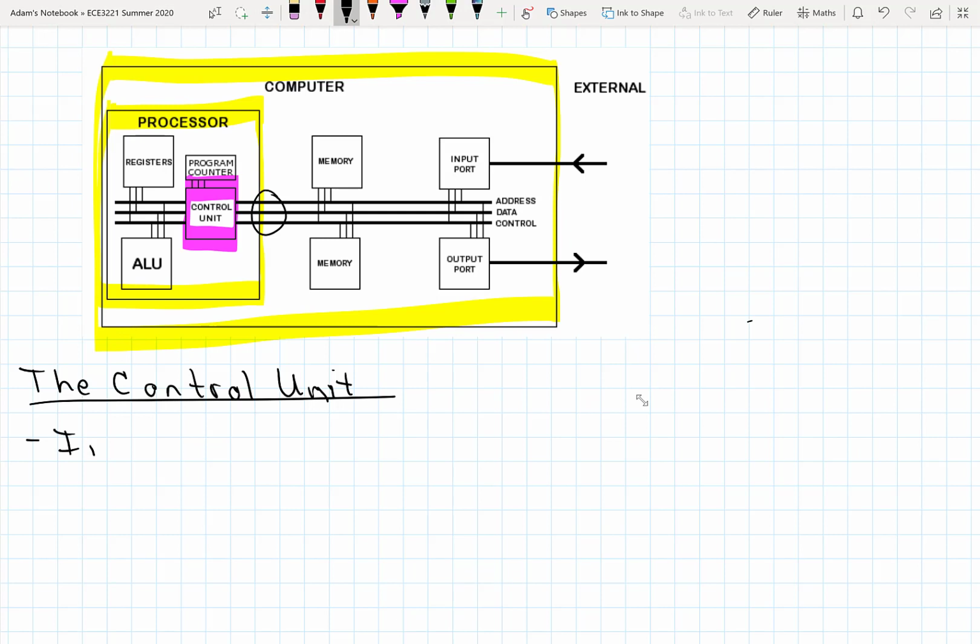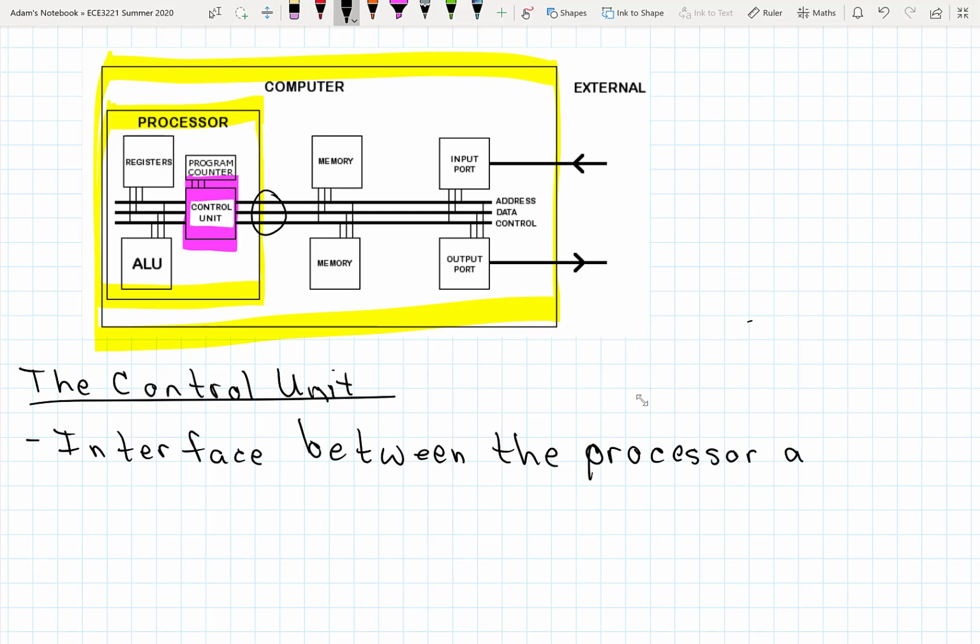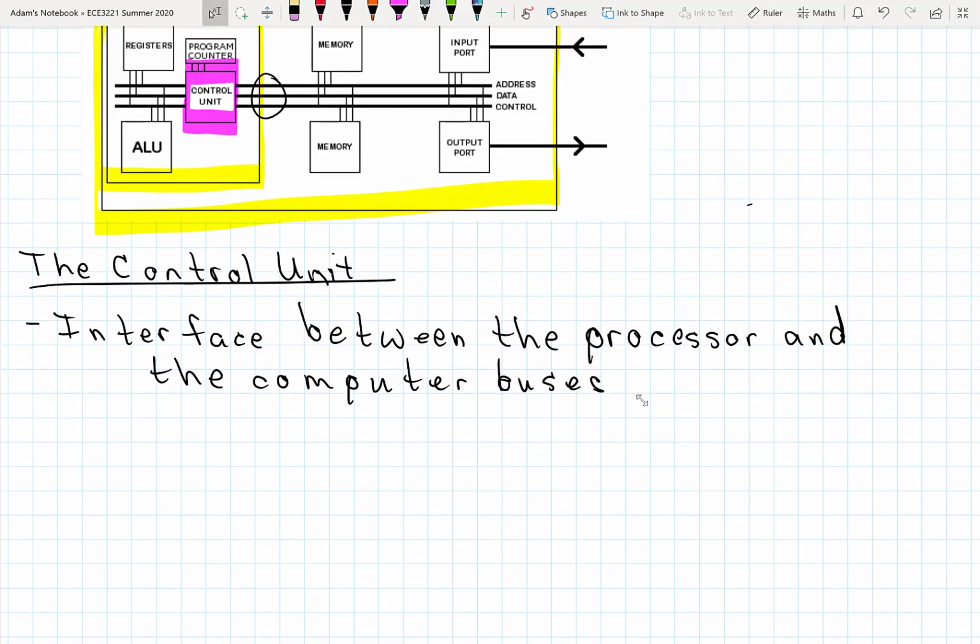Okay, so as said, it is the interface between the processor and the computer buses, and has the capability to disconnect the processor from those buses if it's necessary for a DMA enabled peripheral. Okay.